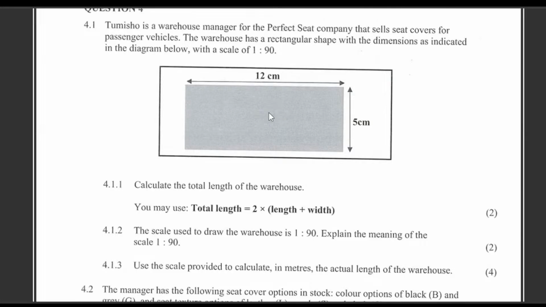Calculate the total length of the warehouse. When you look at it critically, we are looking for the perimeter of a rectangle. So this becomes 2 into, what's our length? 12 plus 5. This is 2 times 17, which gives us 34 centimeters.